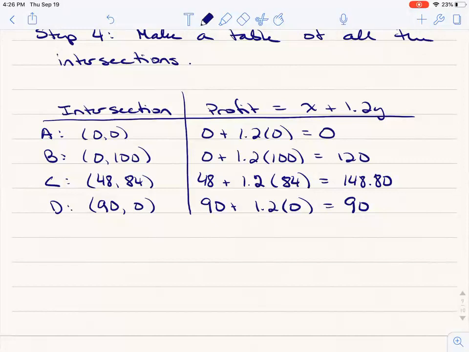We've got a winner, 148.80, right? And so the profit is maximized when x is 48 and y is 84.